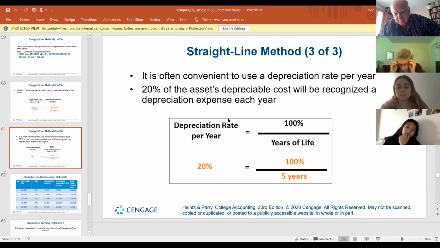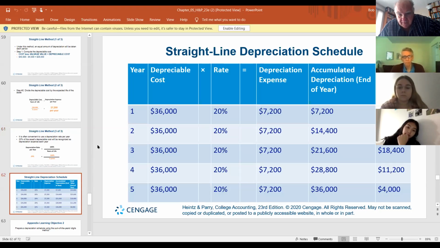And they're just showing you it's a percentage. If it's 5 years, it's 1/5, right? If it was 3 years, it'd be 1/3. And take a look at this. Here's a depreciation schedule. Depreciable cost was $36,000, and we figured out that 36,000 divided by 5 is $7,200.